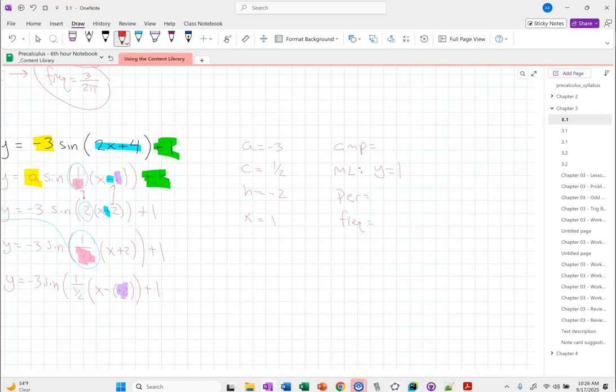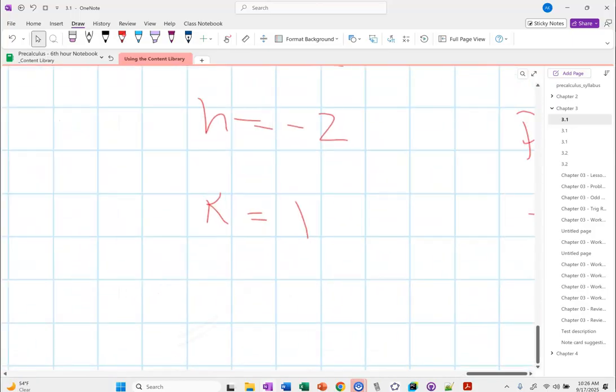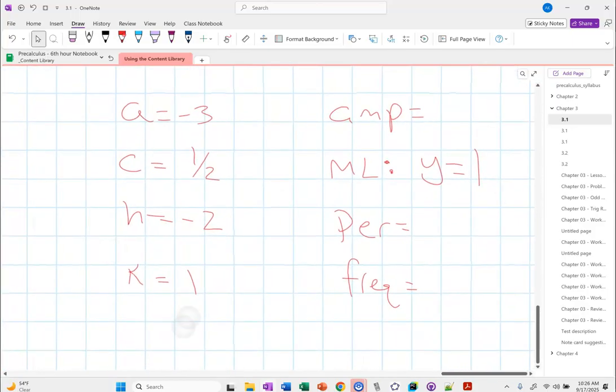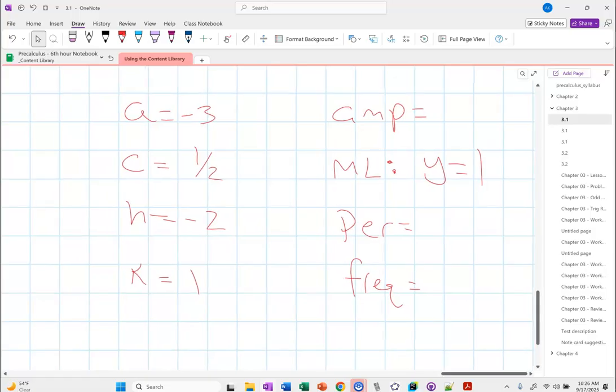Ellie, you got 3 left: amplitude, period, or frequency. Can you tell me one of these? Is the amplitude -3?